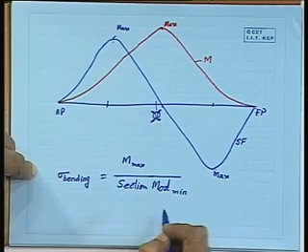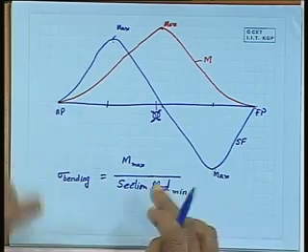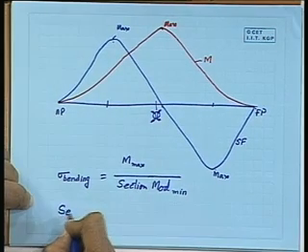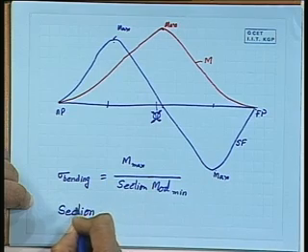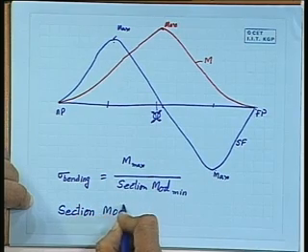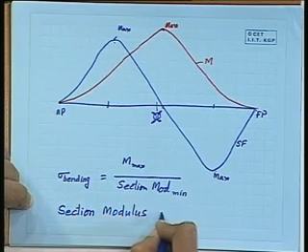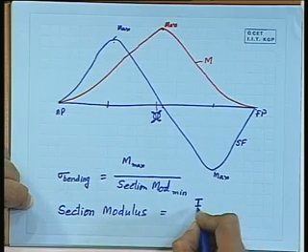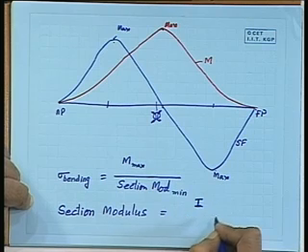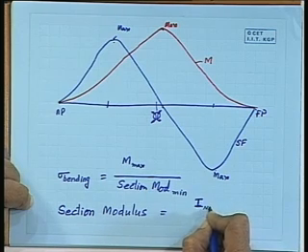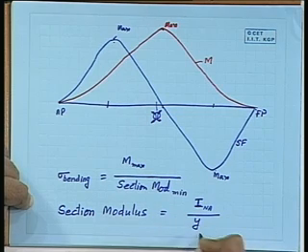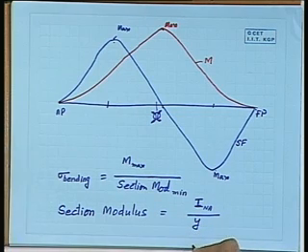We will talk about the section modulus in more detail when we take it up, but the section modulus is basically I of the material, that is the second moment of area about its neutral axis, so we call it INA, divided by the skin distance where I am trying to evaluate the stress, so I by y.